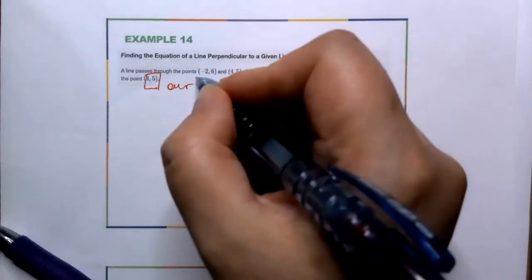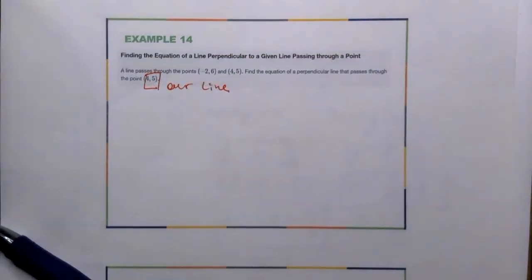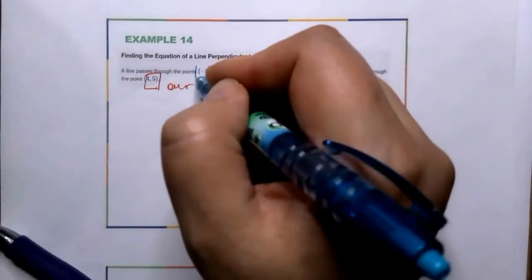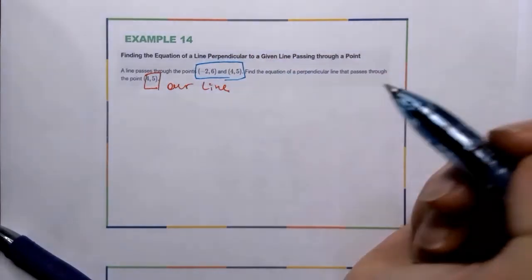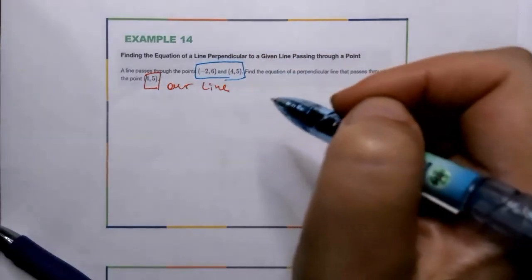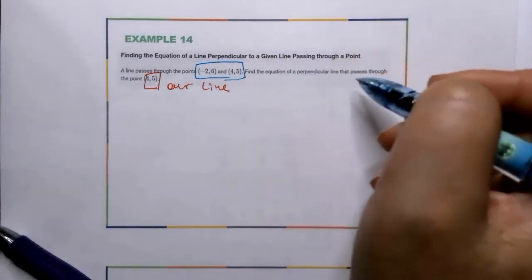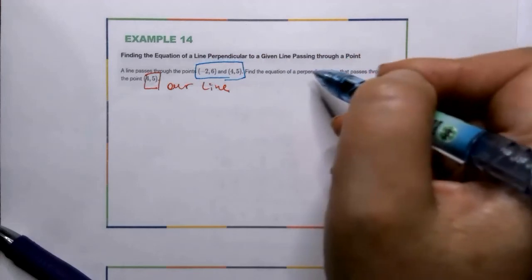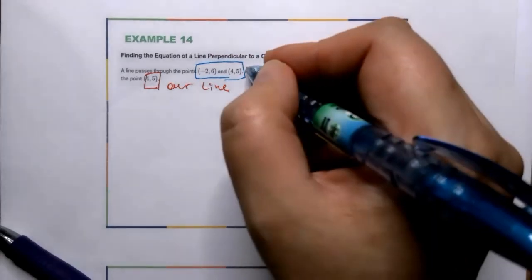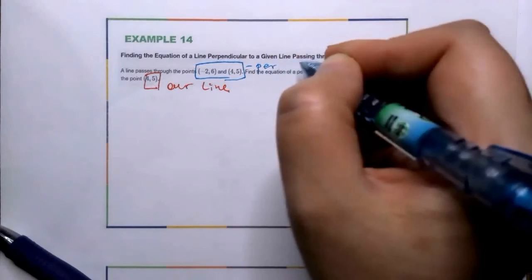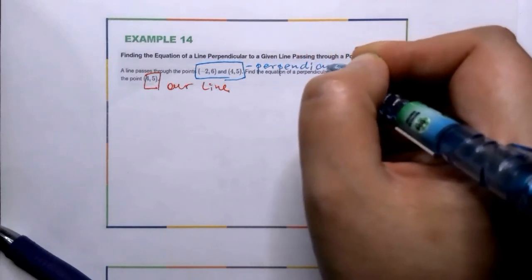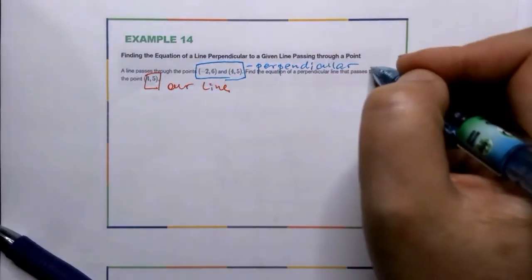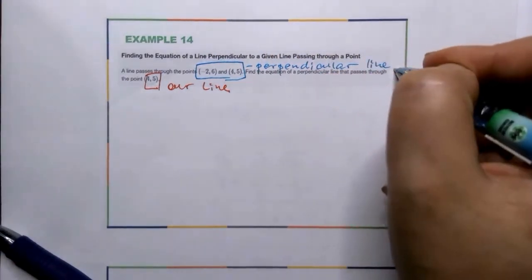Okay, now these two points are on a different line. And these two points do not belong to our line. I just want to make that clear. That's a different line, which is actually perpendicular to ours. So these are the points on the perpendicular line.